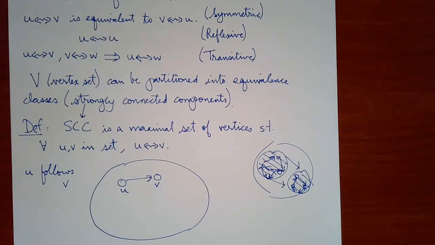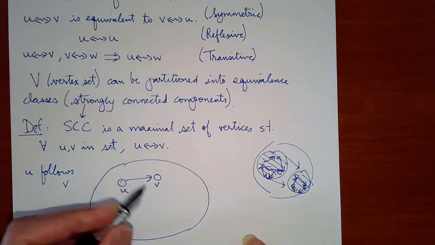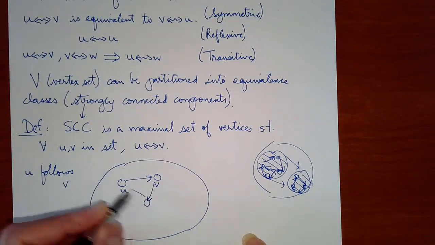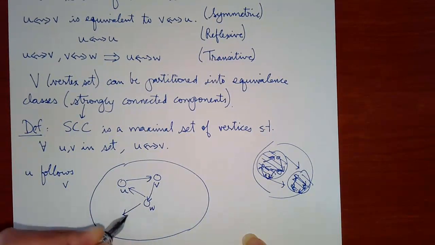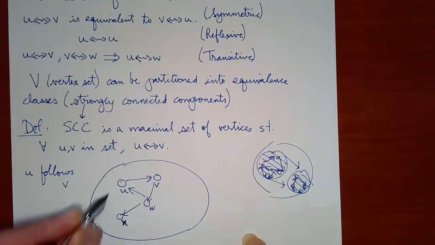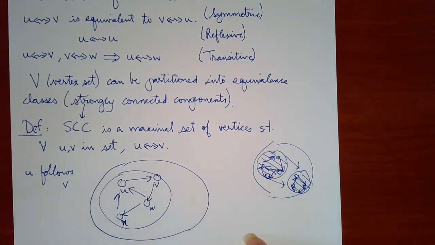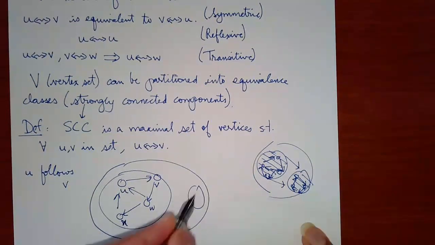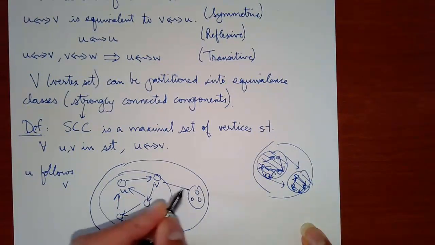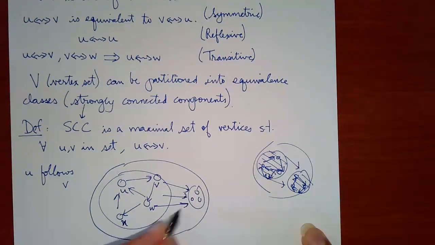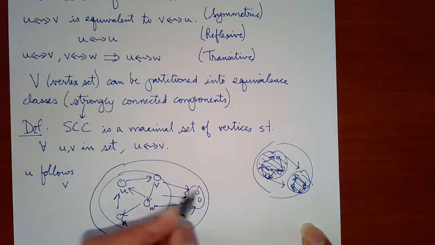And then you have little components of people who talk to each other. So maybe these are people who go to the same university, they all talk to each other. Right? So this is a strongly connected component. But there are some celebrities here, so that everybody follows those celebrities. And the celebrities probably follow each other.